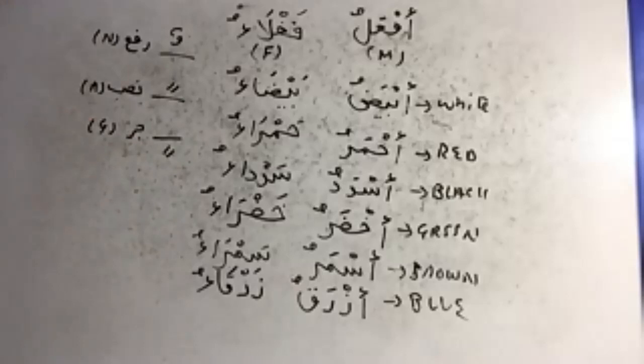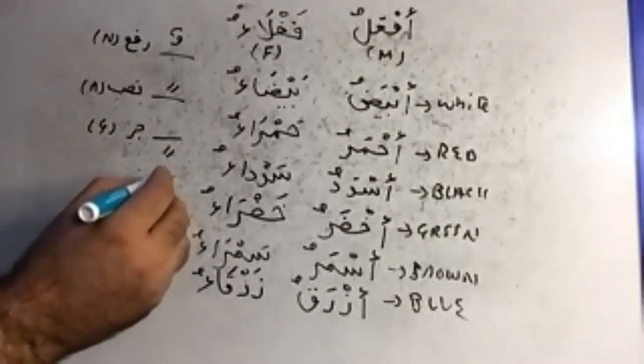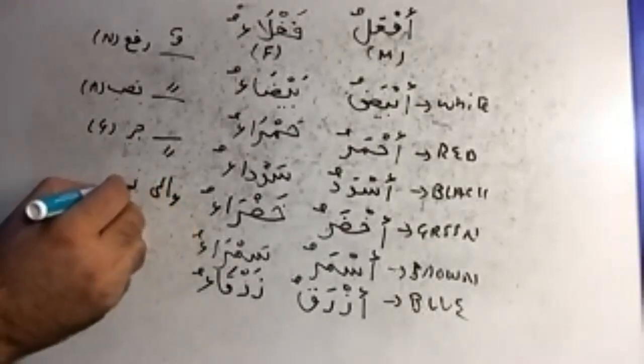But this is not always the case. There are scenarios where a noun is having a nasb, these are the special cases we're talking about. It's having a nasb, but it's in majroor form. It's in genitive form. For example, ila Baghdad.